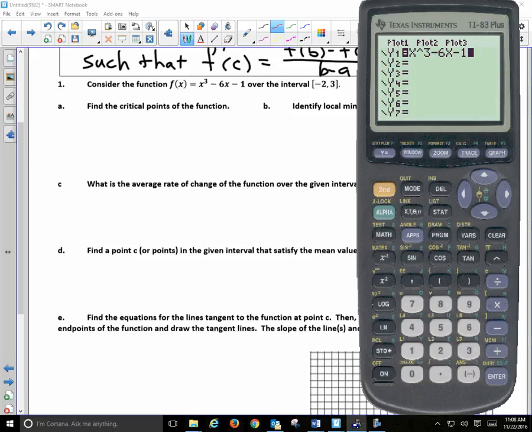I'm going to first find the critical points of this function. If you remember, we found the critical points by taking the derivative and setting it equal to 0. What's the derivative? If we factor out a 3, we get 3 times (x squared minus 2). We have critical points of x equal to plus or minus the root of 2.